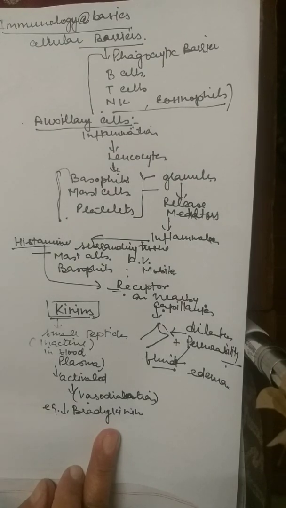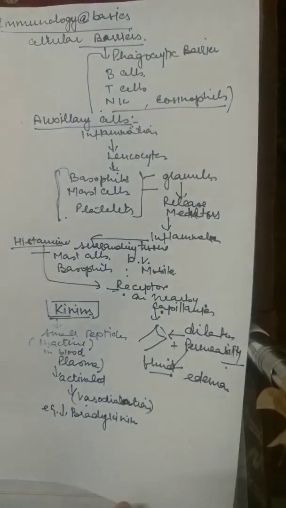Then next are the soluble mediators of the immune system, also called the chemical mediators of the immune system.